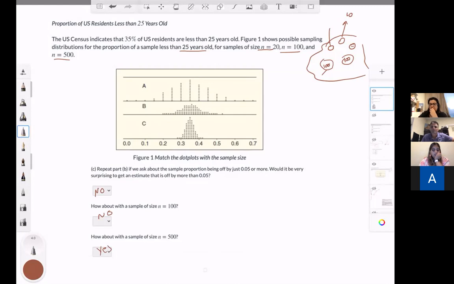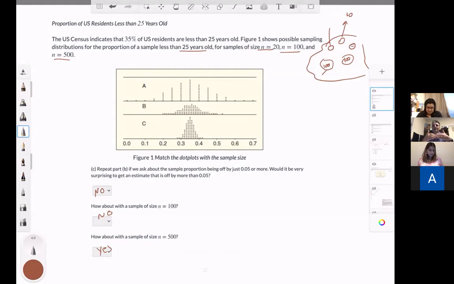So is it always safe to go with a sample size over 500? Yeah, more sample, yeah. But in this case, between 20, 100, and 500, this exercise was showing you that we're going to have more than 10% off if our sample is very small, less than 20 people.